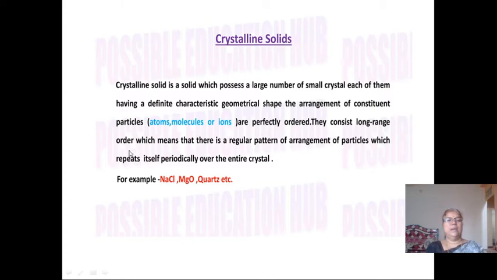There is a regular pattern of arrangement of particles which repeats itself periodically over the entire crystal. Examples of crystalline solids are NaCl, that is sodium chloride, magnesium oxide, quartz, etc.